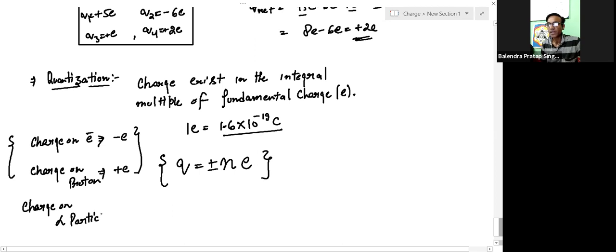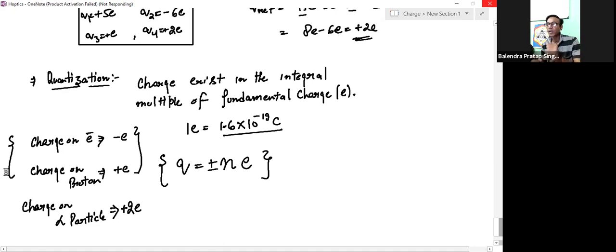What is an alpha particle? I will discuss it in your modern physics chapter. But for now, just remember that an alpha particle has 2 protons, so it has charge 2e. These two are very important: the electron has charge minus e and the proton has plus e. And what is the value of e? It is 1.6 into 10 raised to the power minus 19 coulomb.